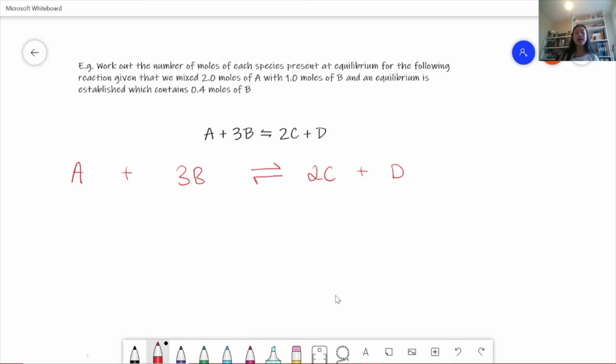And then I write down the moles that they initially have, so the moles that we've reacted together. So in the question we have 2 moles of A, and then we have 1 mole of B, and then it doesn't mention C or D, so that means that we assume that they start off as 0.